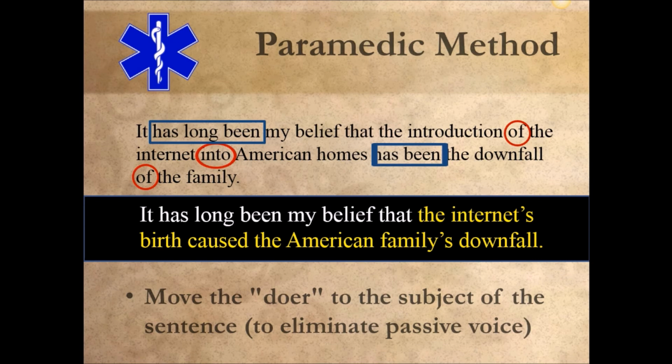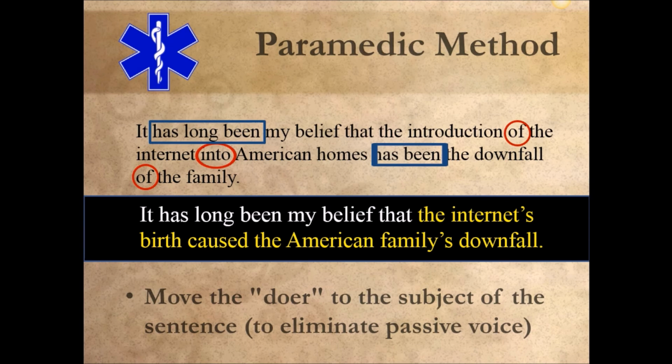So in this case, we took the downfall of the family, got rid of that preposition of, and have the family's downfall. We took internet and moved it into the subject position because we really didn't know who did the introducing, so we had to rearrange the sentence completely. And introduced the verb caused. The internet's birth caused the American family's downfall.